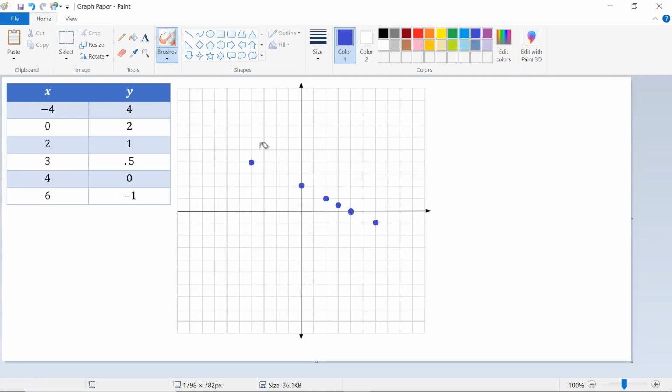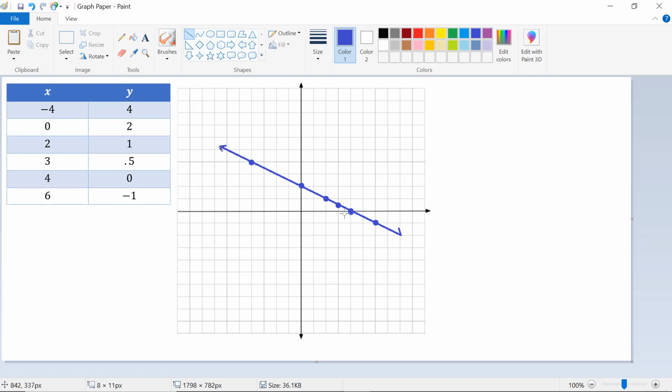So we can easily see the pattern that we have. And if we want to draw a line, we would simply connect all those dots. And technically, you're supposed to extend the line forever to the left and forever to the right.